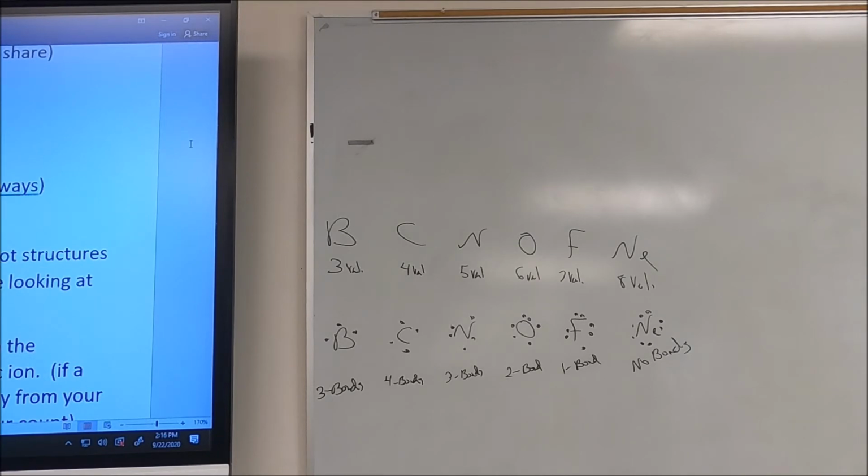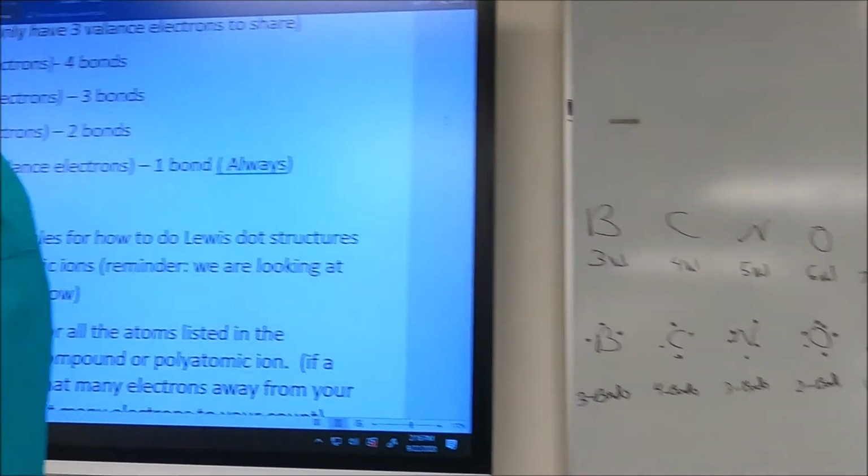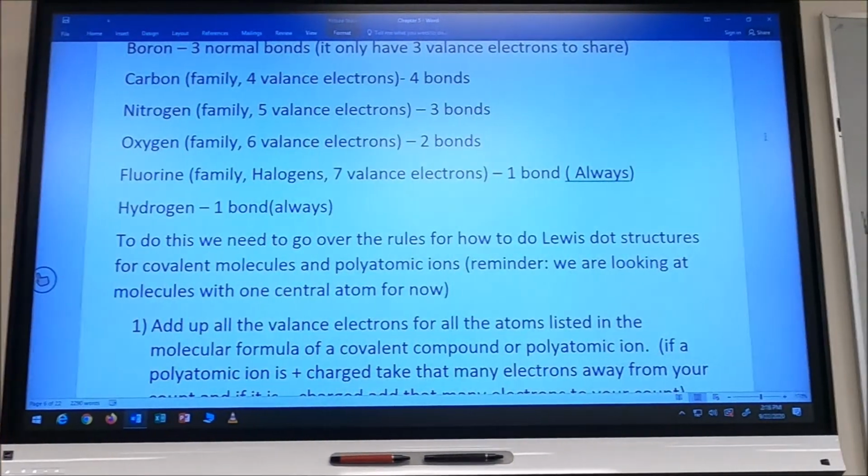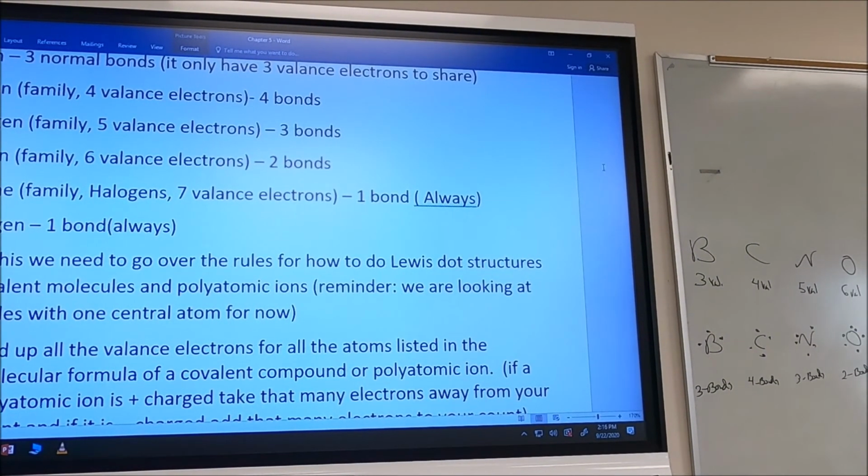So hydrogen's got 1 electron, it can only make 1 bond. So hydrogen always makes 1 bond. Fluorine and the members of the fluorine family want to make 1 bond. Oxygen family wants to make 2, nitrogen 3, carbon 4, poor boron 3.